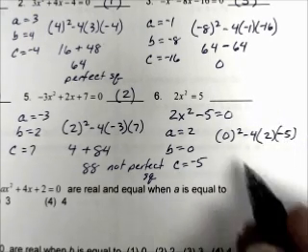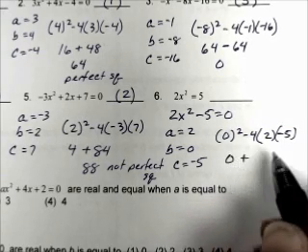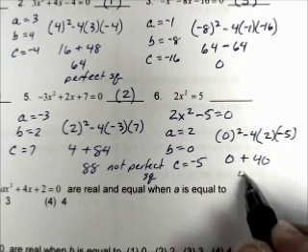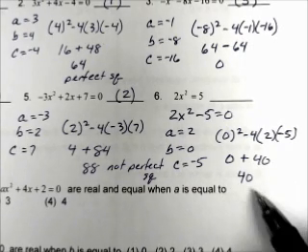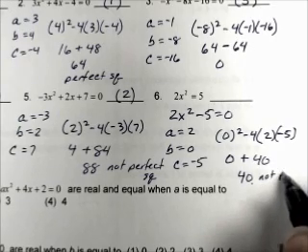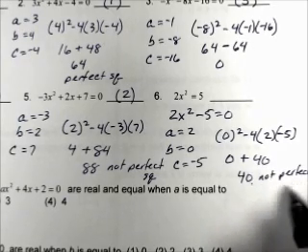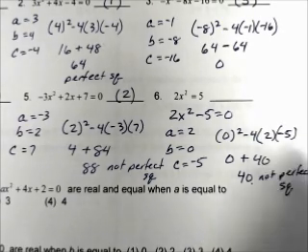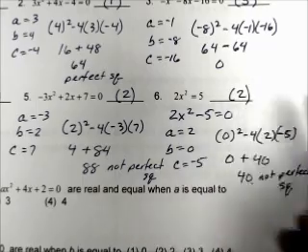Double negative is going to be plus, so this is going to be 0 plus 40, which is 40. Our discriminant value is 40. That's not a perfect square, so not rational. It'd be irrational. Real, irrational, unequal. It's option 2 again.